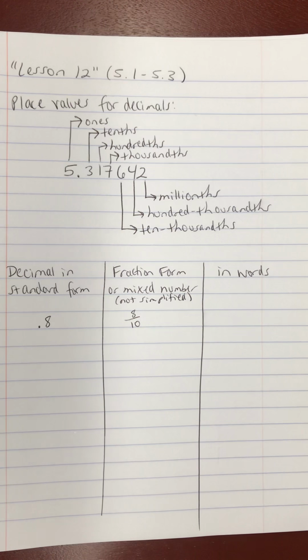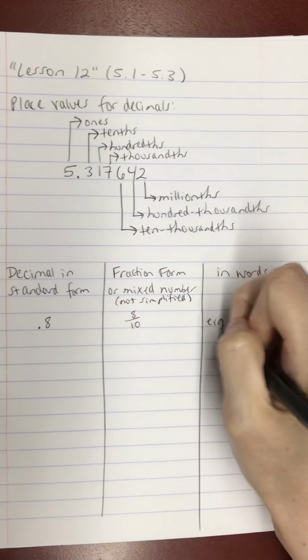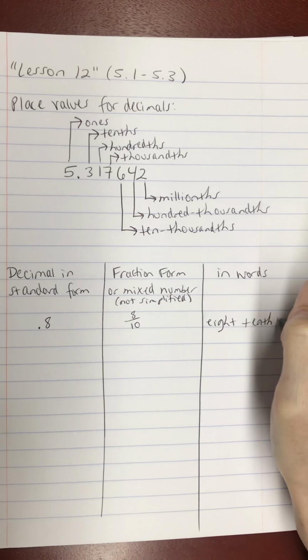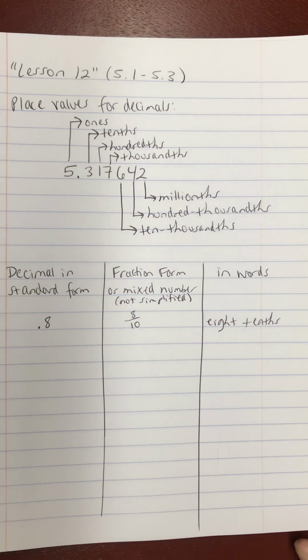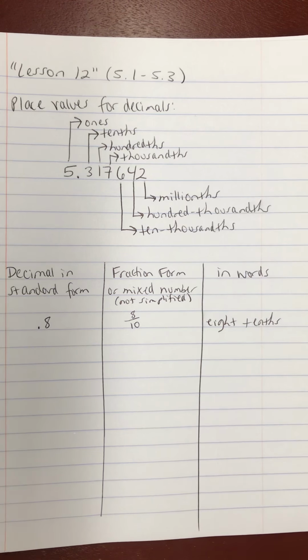The tenths place. So that's how you would write it as a fraction. And then if you were writing it in words, you just have to write it out: 8 tenths. I always feel like when I'm writing these out in words, I'm writing a check or something. So you just have to basically write the numbers out in words.